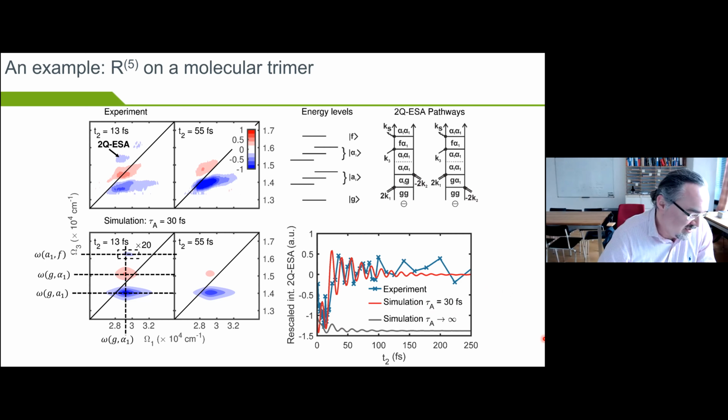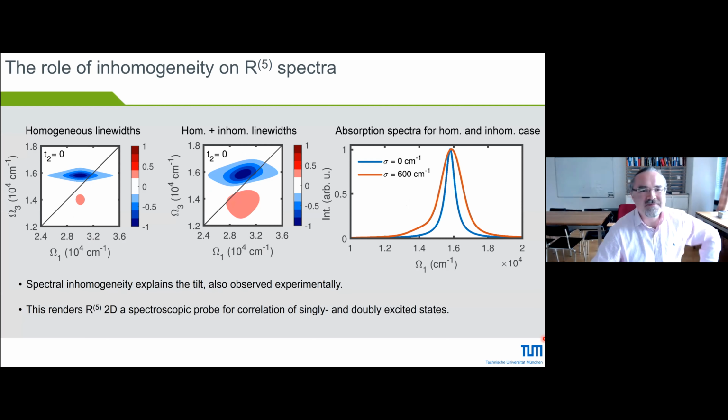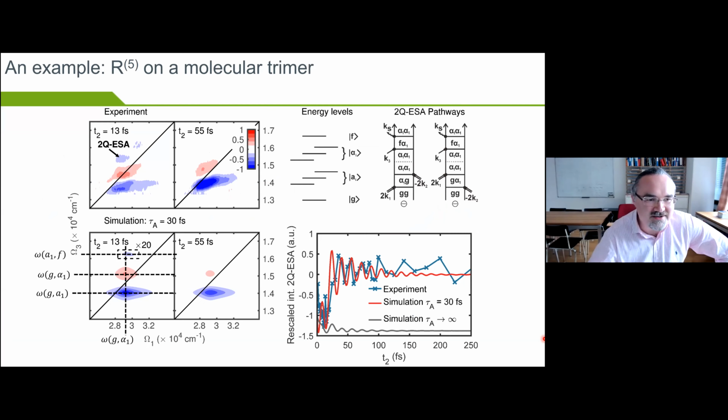Now, for the last few minutes, this is something Konstantin is currently working on. What you can see here is that these peaks are tilted at early times and still also tilted at 55 femtoseconds, while in the simulations, they're pretty much flat. No, they are horizontal. There's no tilt.